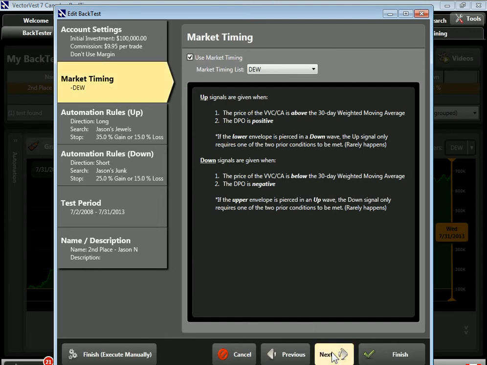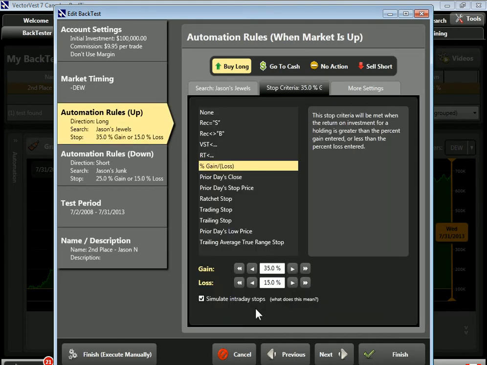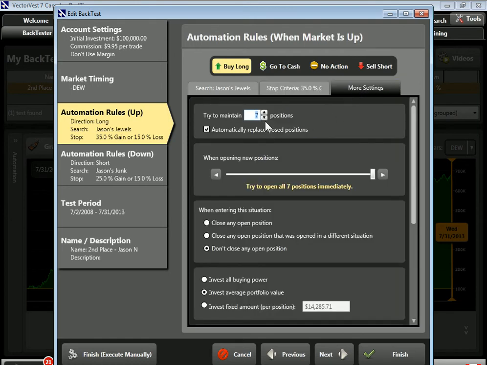If I click on Next, we can take a look at the automation rules for the up situation. He wanted to buy long. He used his bullish search, Jason's Jewels. He used a 35% gain, 15% loss to exit positions. He did simulate intraday stops. If I go to more settings, he wanted to maintain 7 positions on the upside, automatically replacing closed positions.